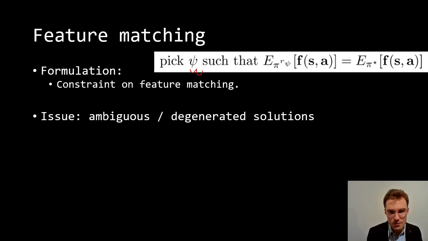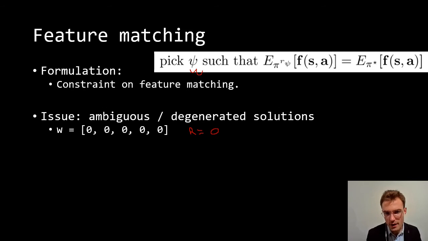There is one big issue, which is the ambiguity in the formulation. What if W, which should be size 5, is 5 zeros? Well, that means that whatever the feature, the reward R will be equal to 0 all the time, whatever the action, whatever the policy as well.